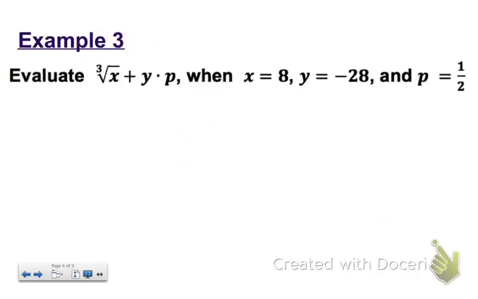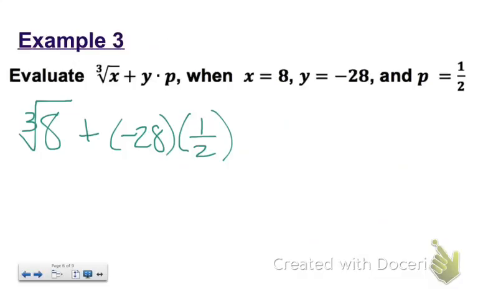Alright, example 3, evaluate the cube root of x plus y times p when x is 8, y is -28, and p is 1/2. So before you panic, plug stuff in first. So the cube root of 8 plus -28 times 1/2. Well, square roots and cube roots, we're actually going to treat like parentheses. So we're going to do that first.